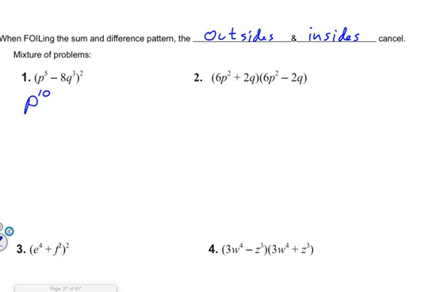Then remember, the tricky part of the pattern is finding the middle term. Multiply the 2 things together and double it. So what would I get if I multiply these together and then I double my answer? Negative 16, and then what about letters? Q to the 3rd and what? I have to have something else on there. What's the other thing I have to have on there?